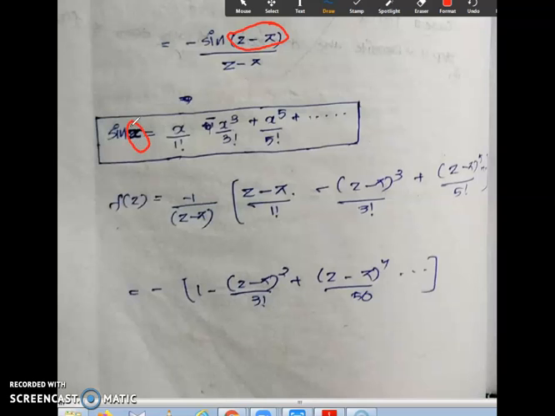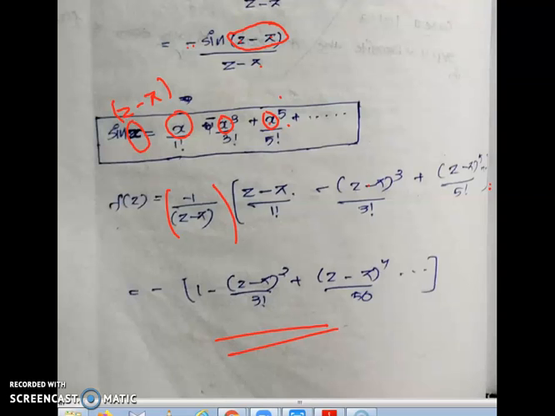So sin of z minus pi means you replace all this x by z minus pi. So we get minus 1 by z minus pi, then z minus pi by 1 factorial minus z minus pi whole cube by 3 factorial plus z minus pi whole power 5 by 5 factorial minus etc. After expanding this, you can write one more step that gives the solution, that is the Taylor series.